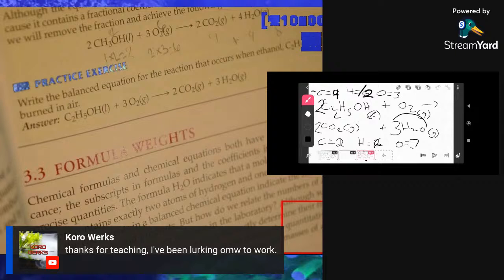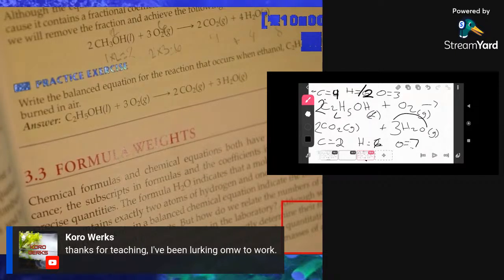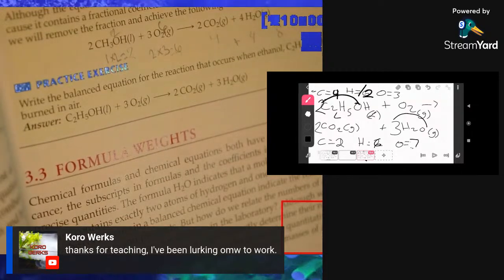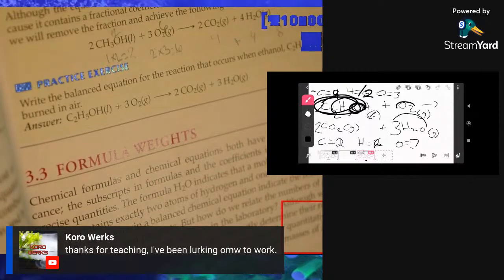And then the oxygens, let's count the oxygens. So I got 2 oxygens right here, plus another 2. That's 4 oxygens. You see that?